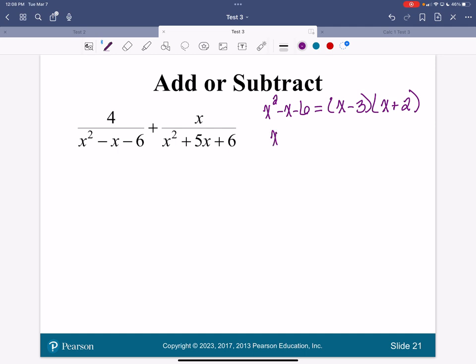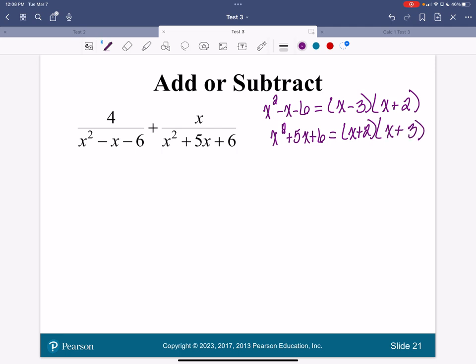Then I've got x squared plus 5x plus 6. Now you definitely want to factor this because you don't want to be dealing with two large trinomials. That's your LCD, because we have common factors here. So here I've got this factors to x plus 2 and x plus 3.